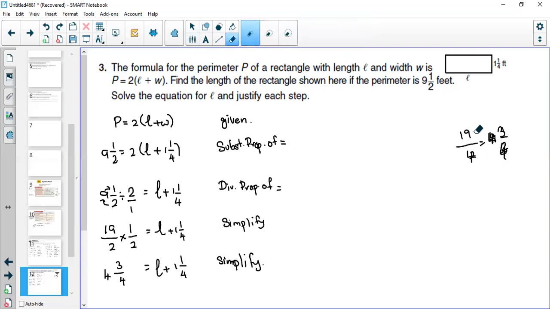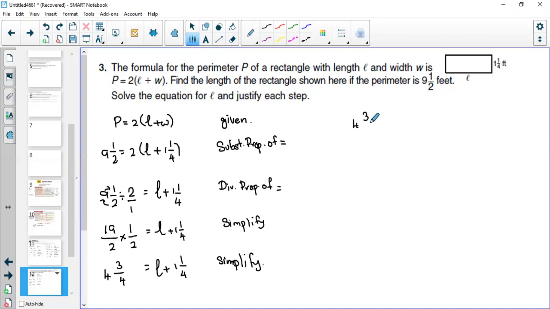Now let's move to the next step. Now what's the next step? Move the 1 over 4 to the other side, right? So 4 3 over 4 minus 1 over 4 is going to be equal to L. What did we do here? We have subtracted. So subtraction property of equality.